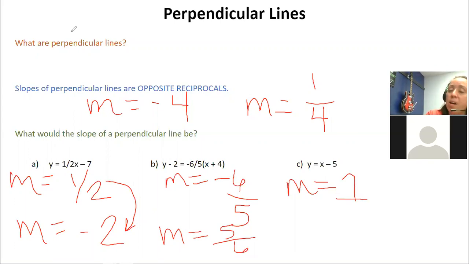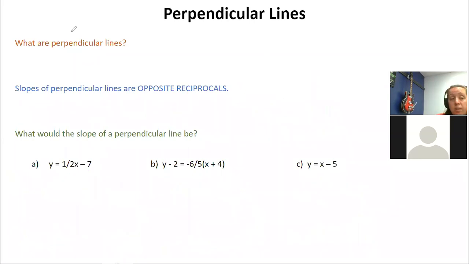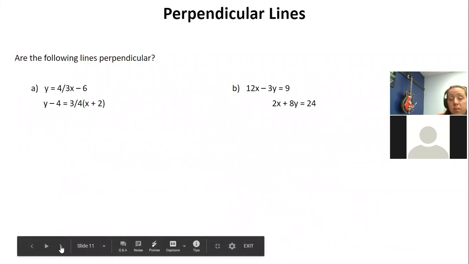And what is 1 flipped and made opposite? -1 is right. Yeah, very good. So those are the slopes of the perpendicular lines. It's going to have a completely different y-intercept, but those are the slopes.